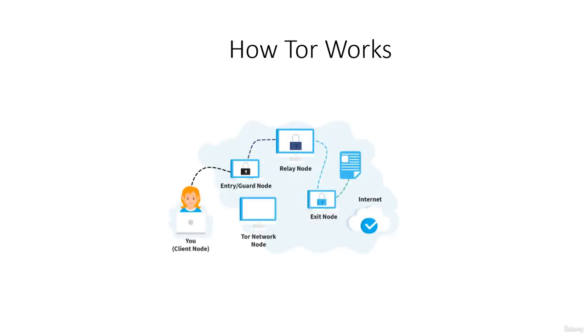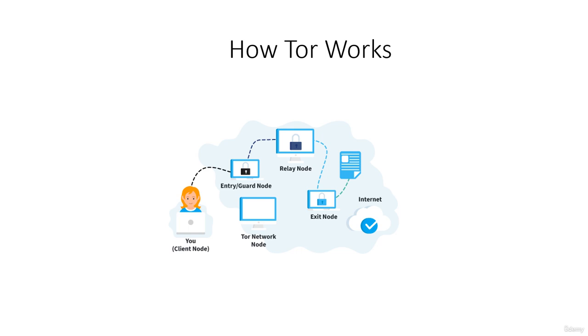Now, how does Tor work? To improve your online privacy and security, the browser makes use of Tor's vast worldwide server network to hide your IP and secure your connection. When using the Tor browser, your data goes through different Tor servers or nodes.